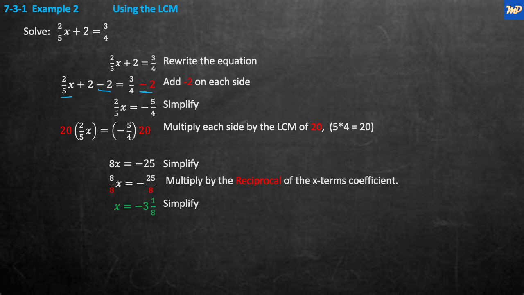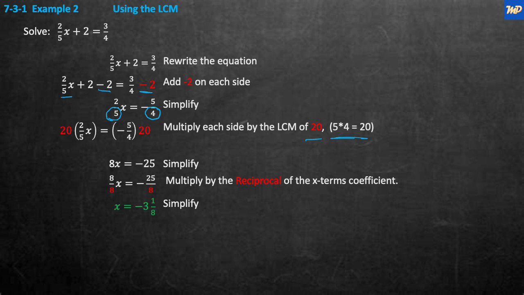We have 2/5 x on one side and minus 5/4 on the other. So what we're going to do is get the least common multiple of the 5 and the 4. And we see here from the explanation that it's 20. 5 times 4 is 20. So we're going to multiply both sides by the 20, the least common multiple.